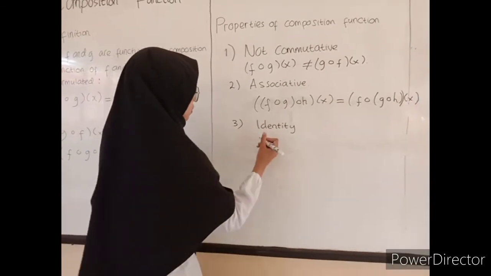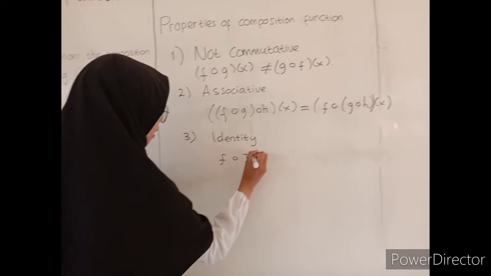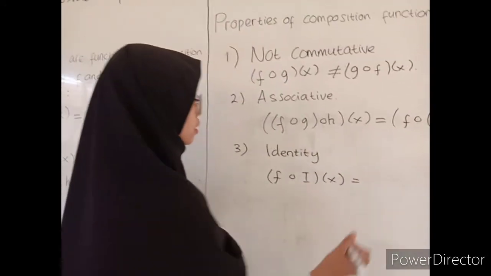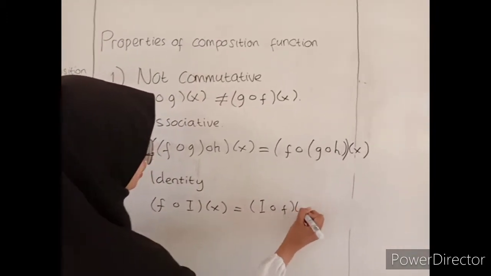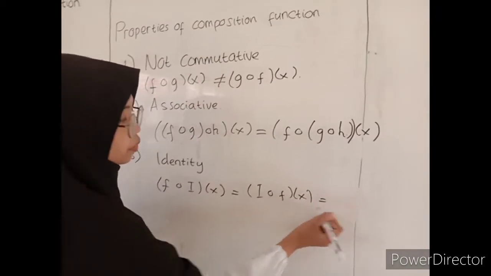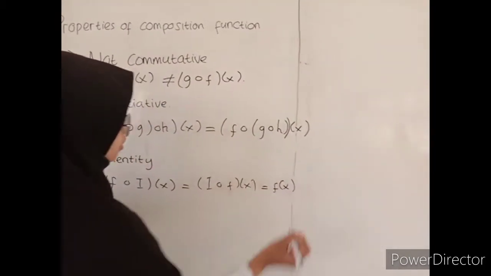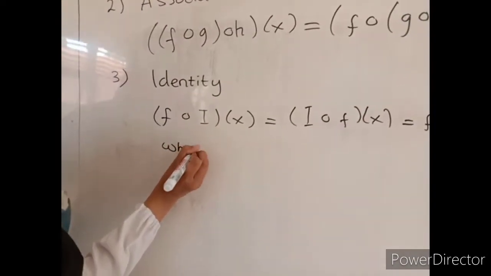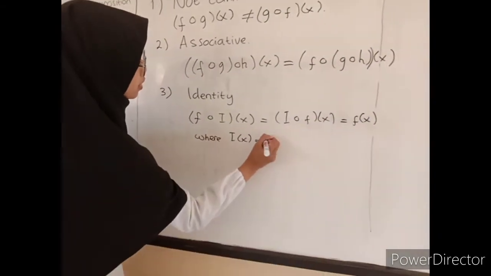It means that (f ∘ I)(x) is equal to (I ∘ f)(x), which is equal to f(x), where I(x) = x.